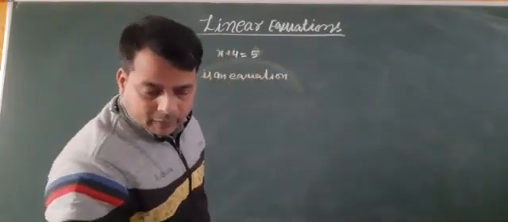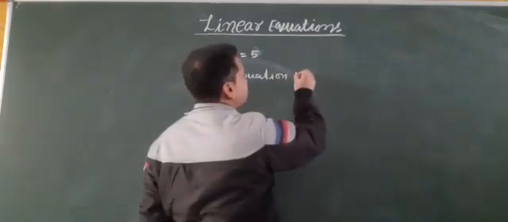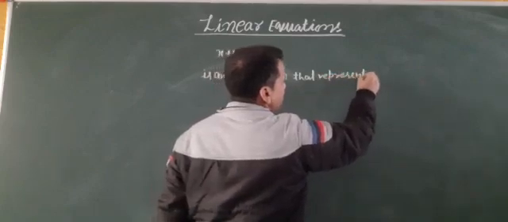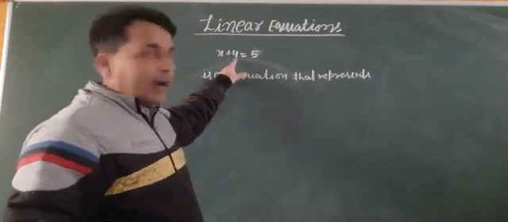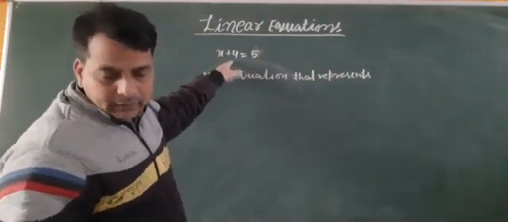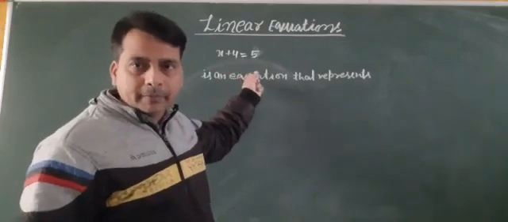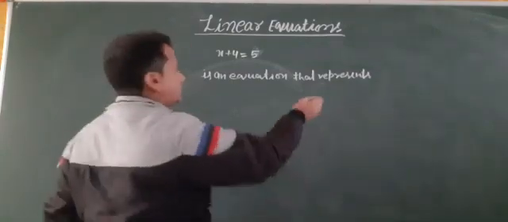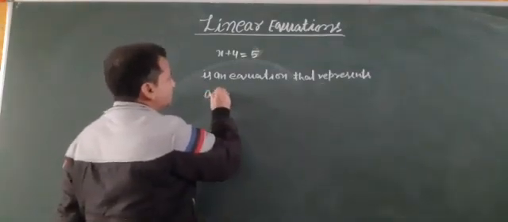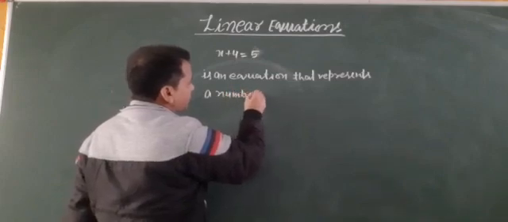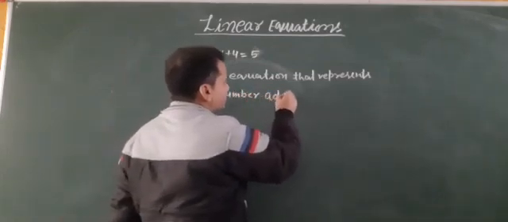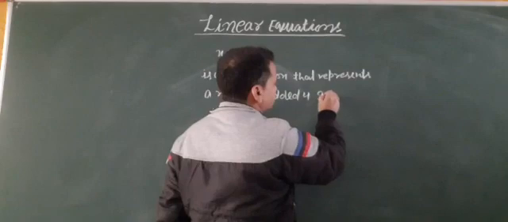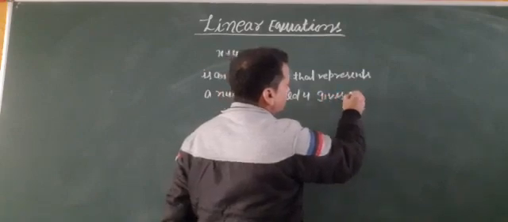X plus 4 equal to 5 is an equation that represents 4 added to a number and gives a result that is 5.